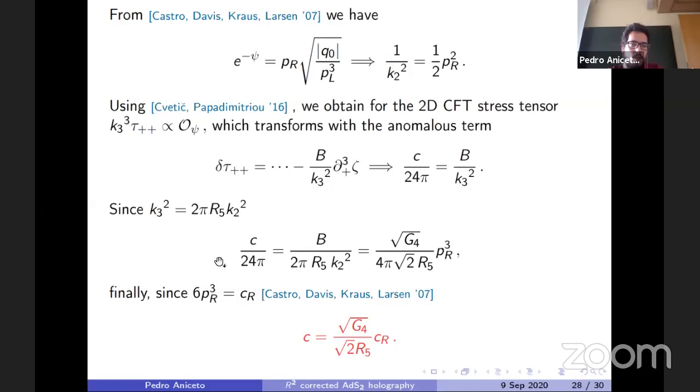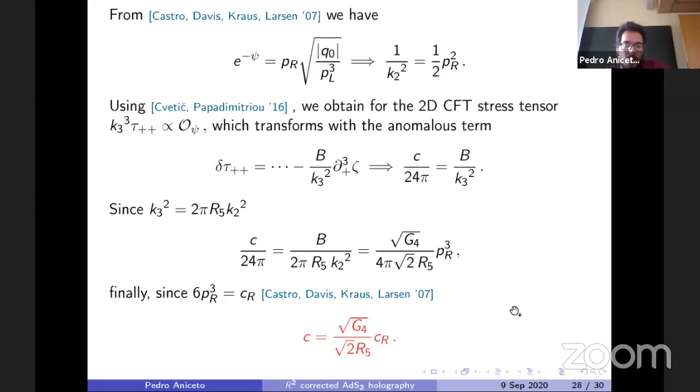And when we then write this all together, we end up finding this expression for our central charge for the anomalous operator, and this can be seen then to have exactly this relation with the right moving central charge of AdS3. So c is our c for the anomalous operator of psi.